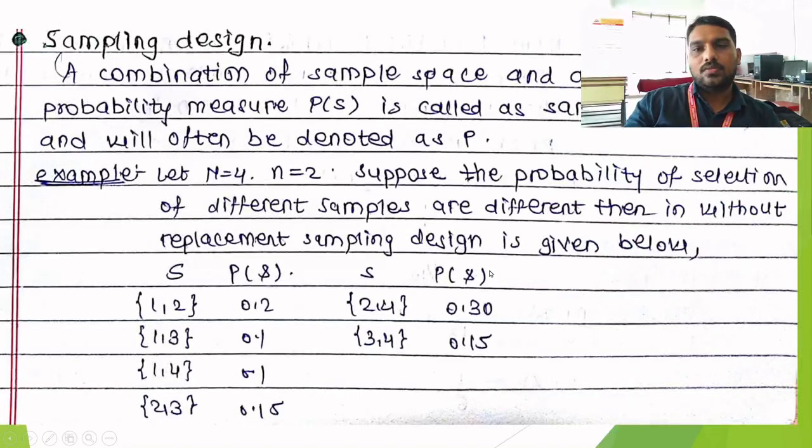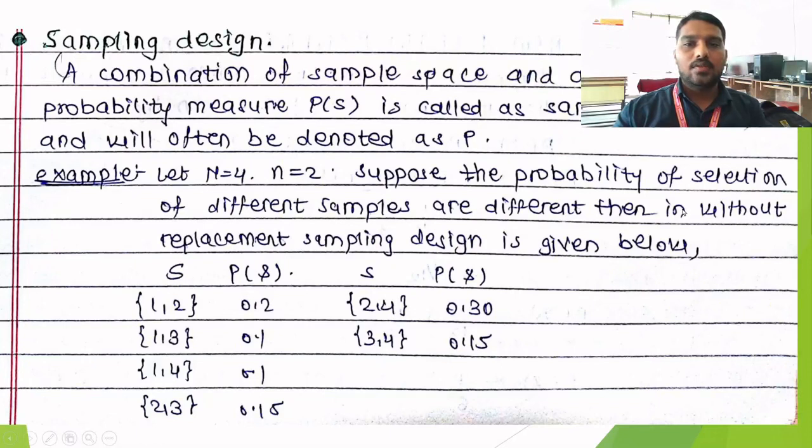So next point, what does sampling design mean? Sampling design, a combination of sample space and associated probability measure P(S), is called sampling design and will often be denoted as P. Probability measure is denoted as P. So if we consider a population consisting of 4 units, 1, 2, 3, 4, and a sample of 2 units, n equal to 2, suppose the probabilities of selection of different samples are different.